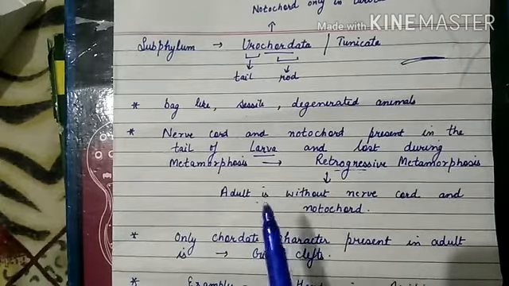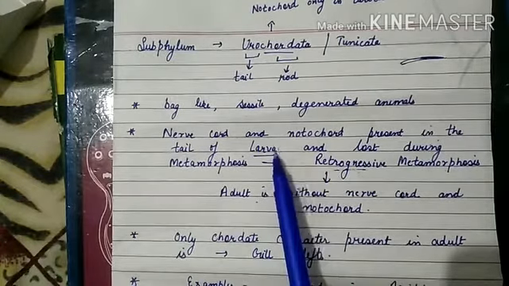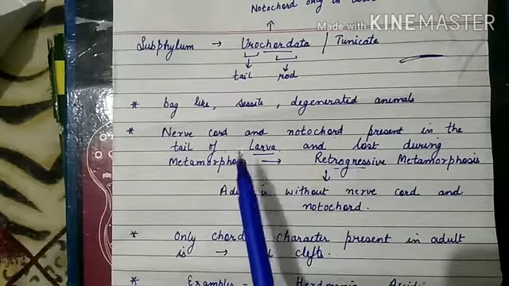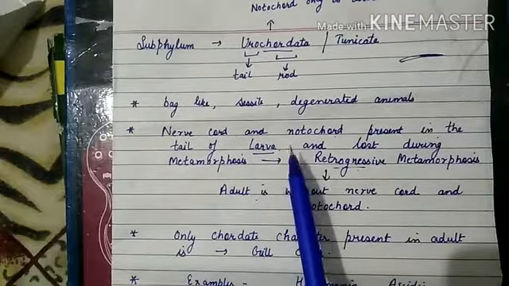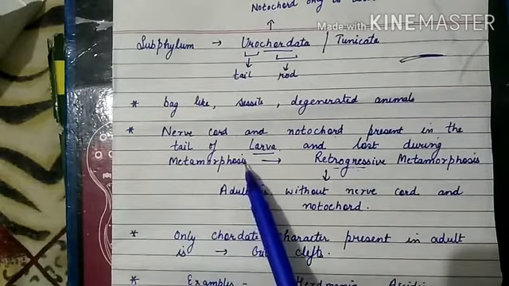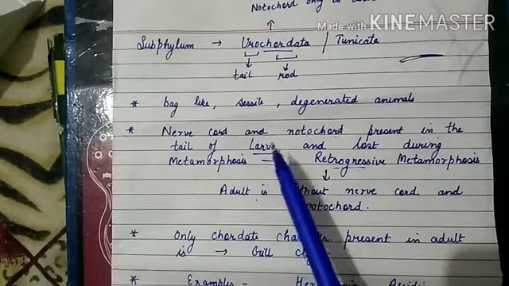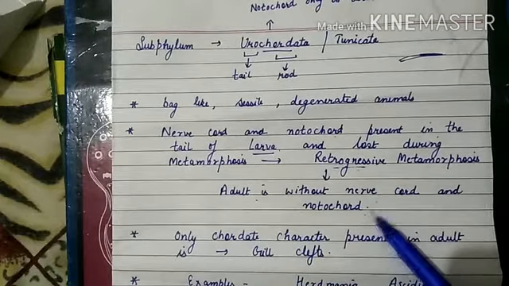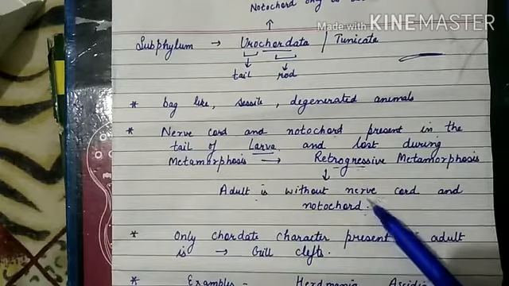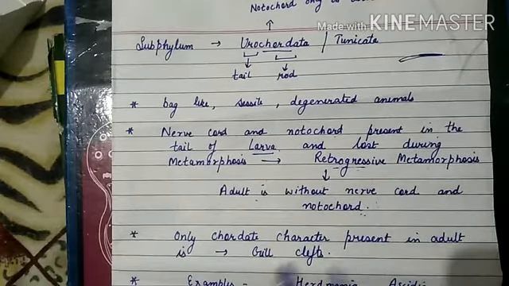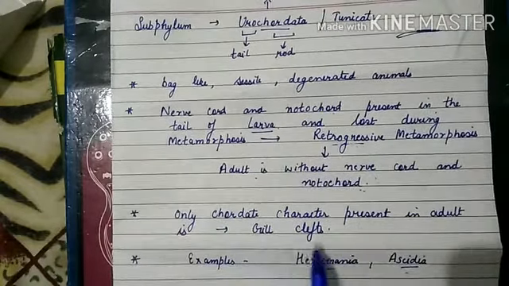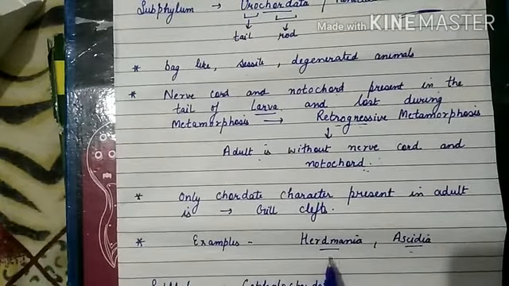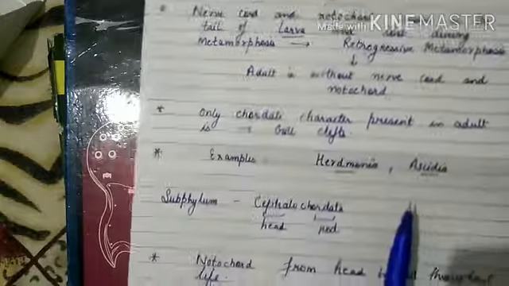This means that only when the animal is in the larval stage are the notochord and nerve cord present in the tail region, but they are lost during metamorphosis. When the larva develops into an adult, the nerve cord and notochord are lost, and in adults there is no nerve cord and notochord. So the only chordate character is the presence of the gill cleft. The examples you have to learn are Herdmania and Ascidia.